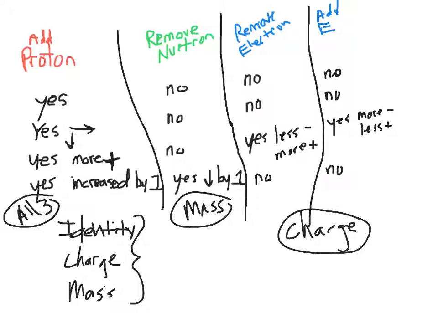Okay, I need to switch to a new page. Let me draw a little box here, and then hopefully you will have these things labeled correctly on your paper. Now I'm going to go with, let's see, how about boron?